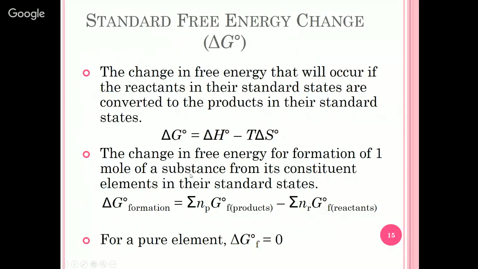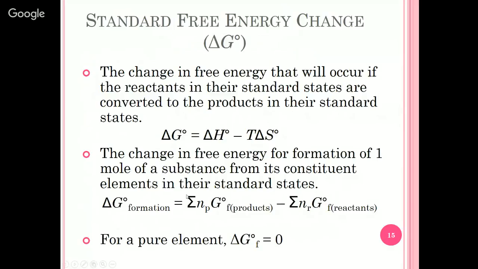Similarly to what we've done with enthalpy and what we saw a couple slides ago with entropy, we can also use our Gibbs free energies of formation. Once again, those are all values that are listed in your appendix in a thermodynamic table. So we look up our products, we look up our reactants, we use our coefficients and multiply each by whatever number we need to, if it's 3 moles or 1 mole or 5 moles.